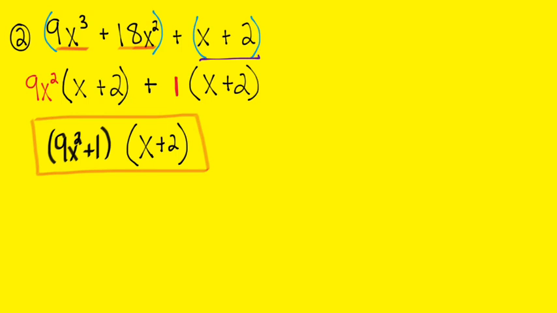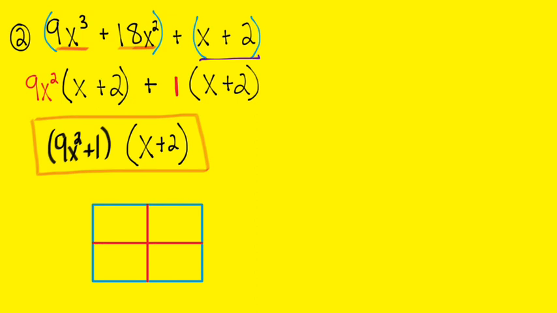Now, again, I could always check this, like I said before, if I want to re-multiply it out, if I used a box to do that. And you'll see if I have 9x squared plus 1 and x plus 2, I end up with 9x to the 3rd power, 18x squared, and x, and 2.